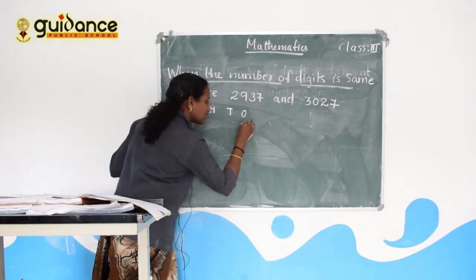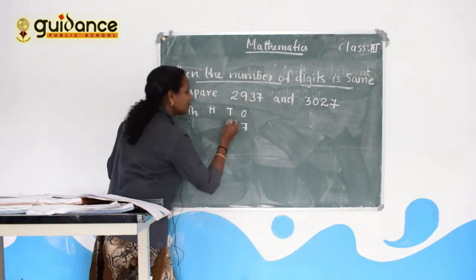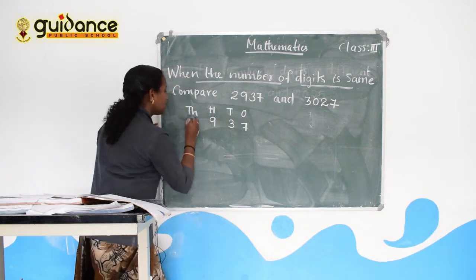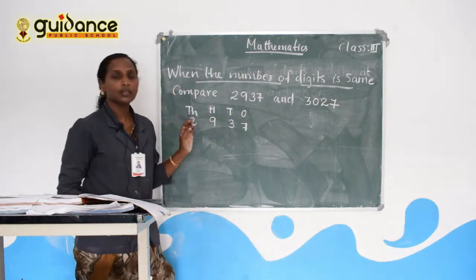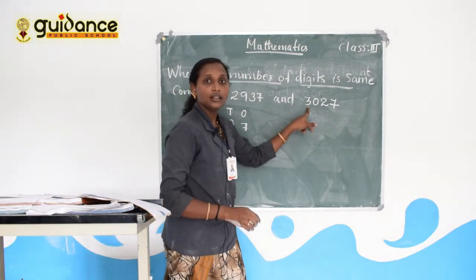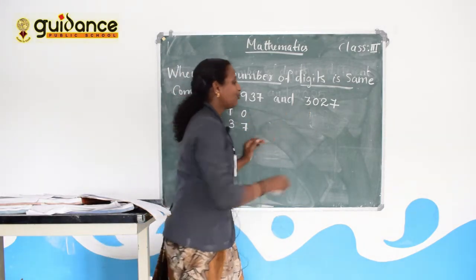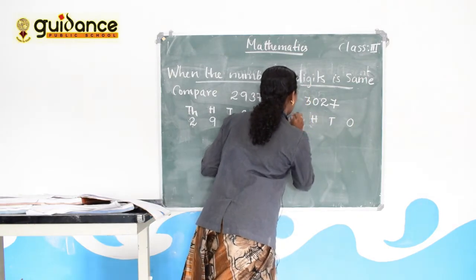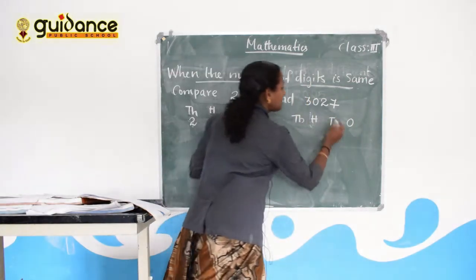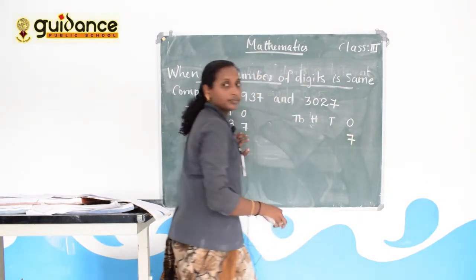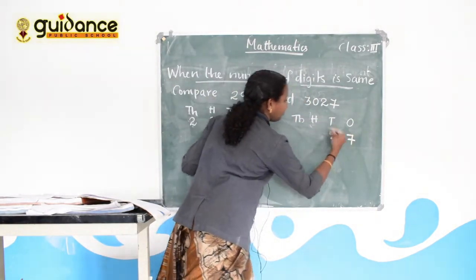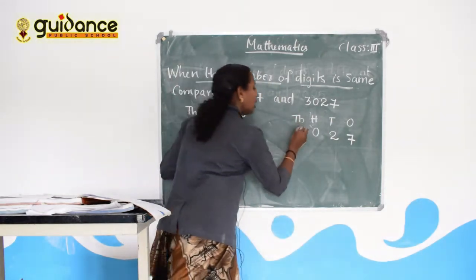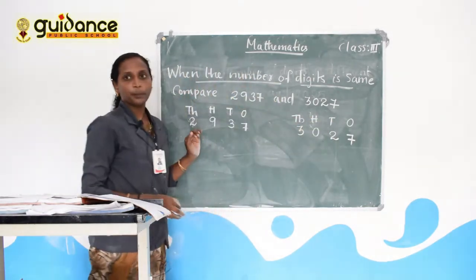Ones place is 7, tens place 3, hundreds place 9, thousands place 2. And look at this number. Also write the place value form: ones, tens, hundreds and thousands. The ones is 7, tens 2, hundreds 0 and thousands 3.